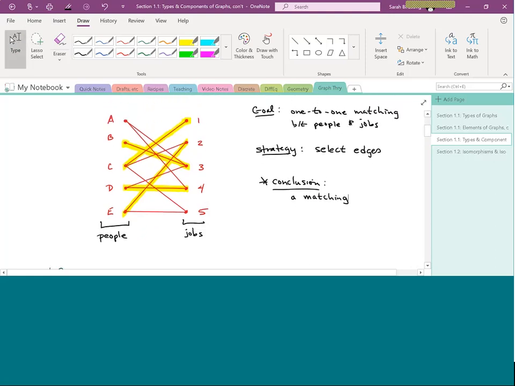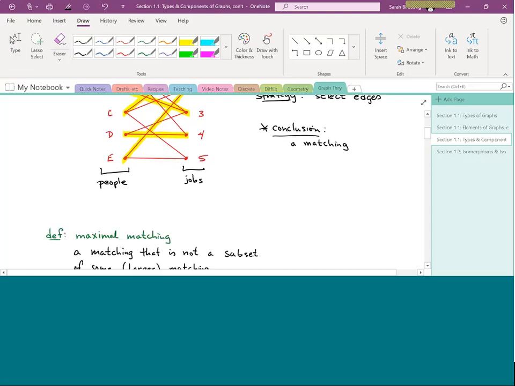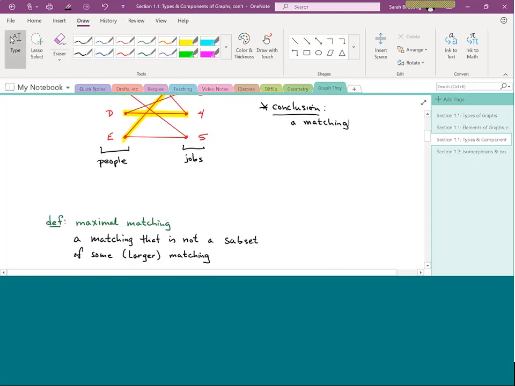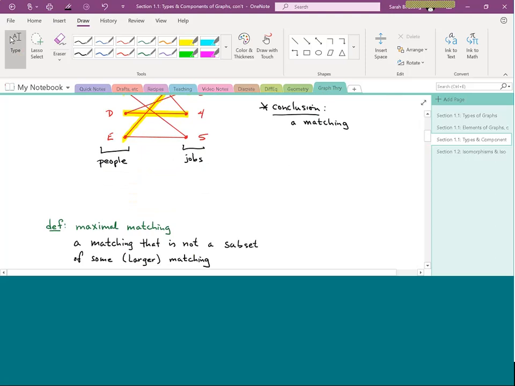Excellent. So we're going to go over different types of matchings here for just a second. Yes, I know your book is very vague at this point, so I'm going to give you the actual details. A maximal matching is a matching where you've matched your vertices in one set in your graph to other vertices, and you get to the point where you can't add any new edges.